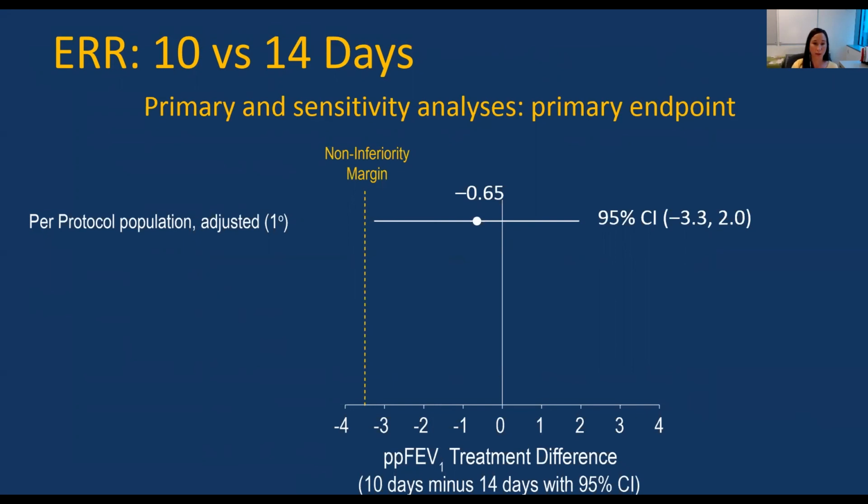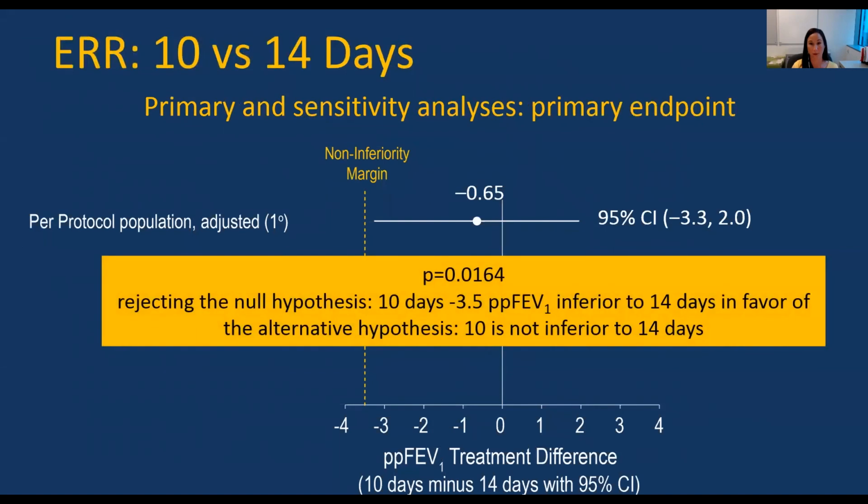And this was a non-inferiority design study, so there was a pre-specified margin where if the 10-day arm were more than 3.5% predicted worse than 14 days, it was deemed inferior. The p-value was 0.0164, which rejected the null hypothesis that 10 days was inferior to 14 days. So in favor of the alternative hypothesis that 10 days is indeed not inferior to 14 days.